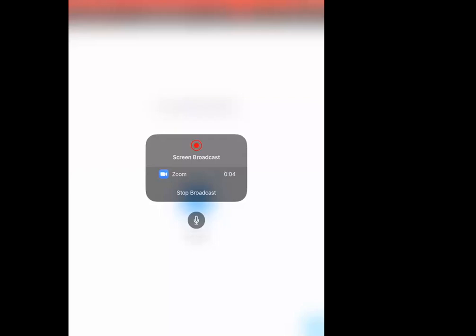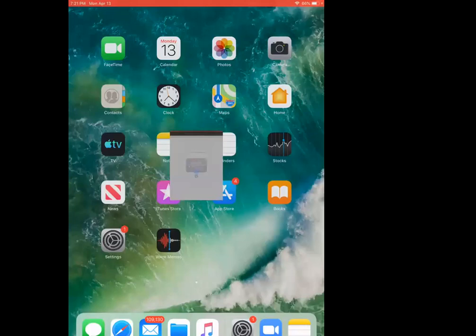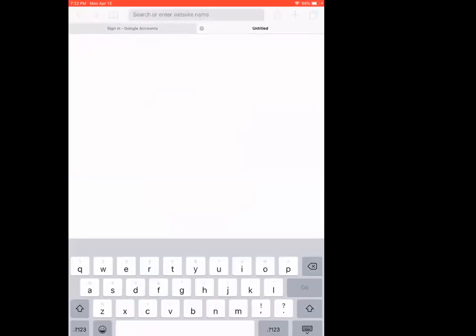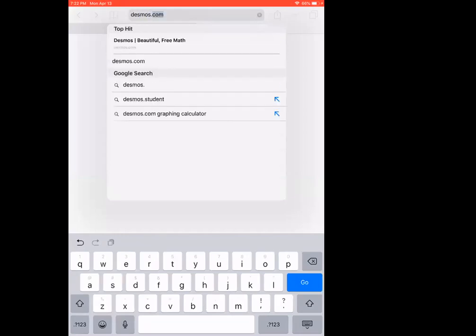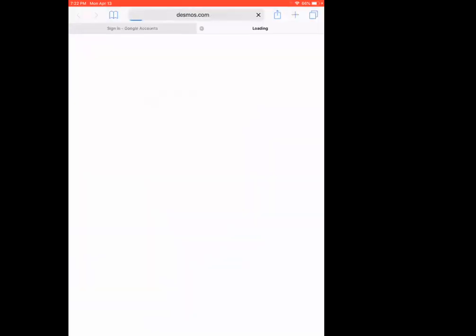Okay, I think this is working. So let's just go to, all right, I don't want classroom, I don't want accounts, just Desmos is the website that I'm going to. And that's desmos.com. All right, let's go and see.